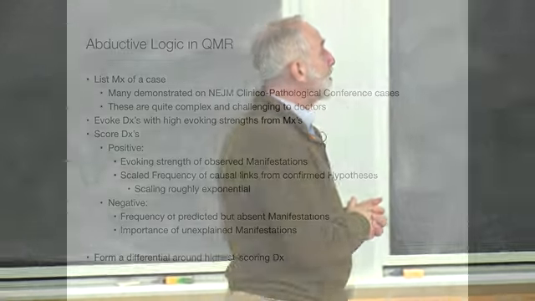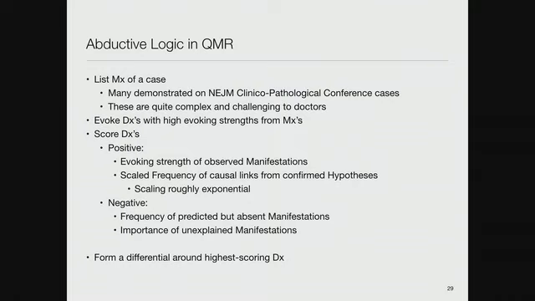So the logic in the system was that you would come to it and give it a list of the manifestations of a case. And to their credit, they went after very complicated cases. They took clinical pathological conference cases from the New England Journal of Medicine. These are cases selected to be difficult enough that doctors are willing to read these, and they're typically presented at grand rounds at MGH by somebody who is often stumped by the case.